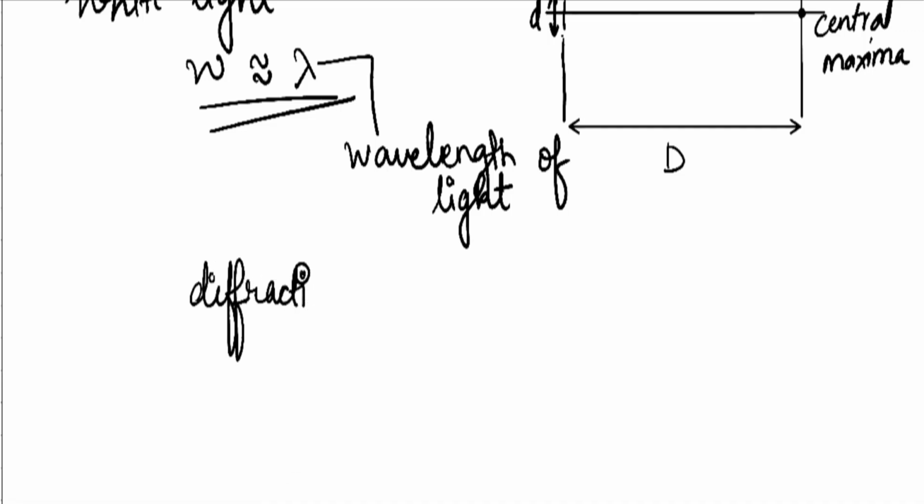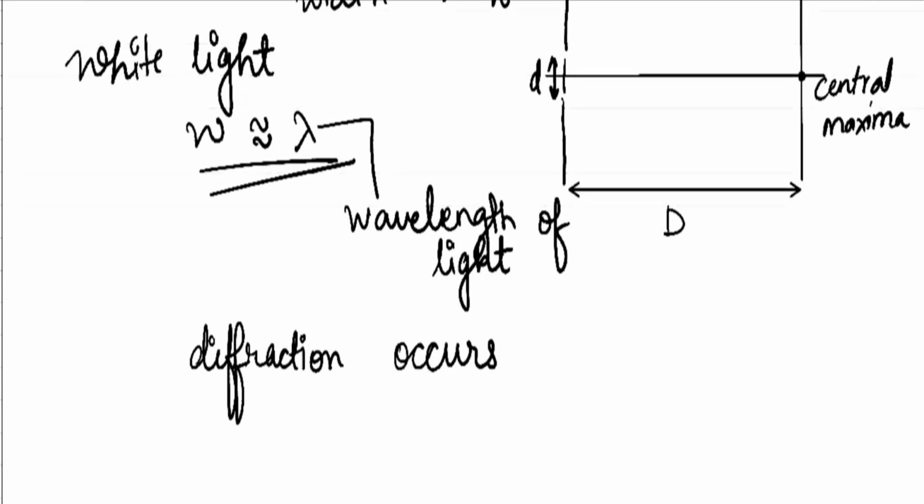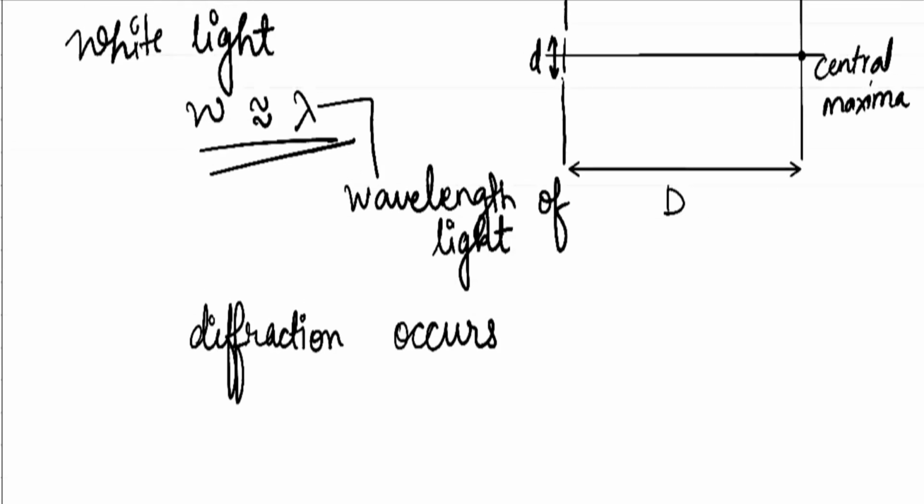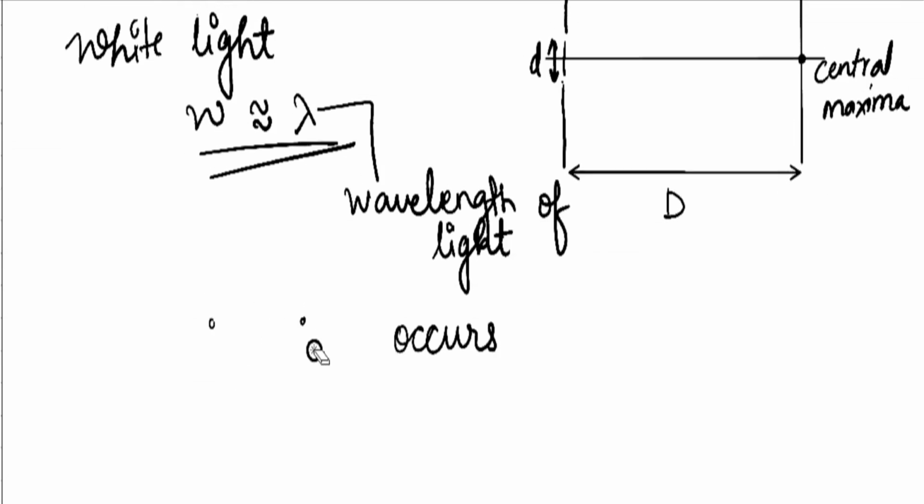When we use monochromatic light, that does not affect much, but when we are using white light, that is a broad spectrum of light, right? So diffraction occurs, and due to diffraction there is a splitting, not diffraction, actually dispersion. I misspoke. Dispersion occurs, right? What is dispersion?